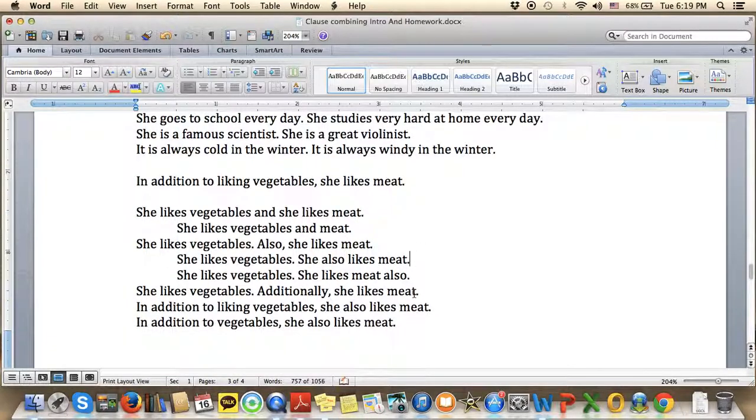And that's what we see down here. In addition to liking vegetables, she also likes meat. Wait, what? Hold up. I've got also, and I've got in addition to. And this is okay. There's certain words like also and too or as well. I'll put those up here.